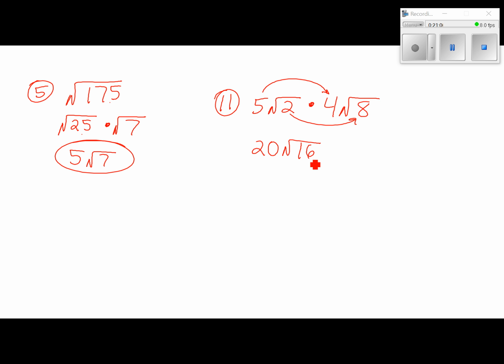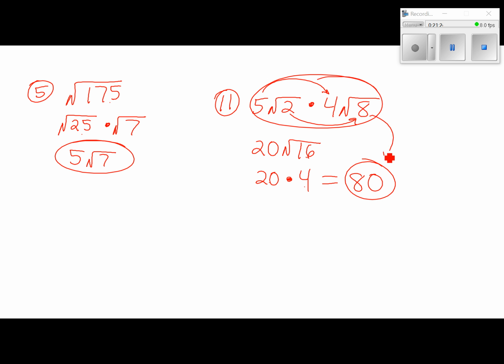If it was addition, then we'd have to try something else. So here we've got 20, the square root of 16, that is a perfect square number, and that's just 4, so that comes out of the radical. You end up with just 20 times 4, which is 80. So all of that simplifies down to just the regular number 80.